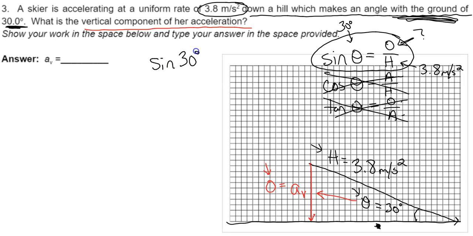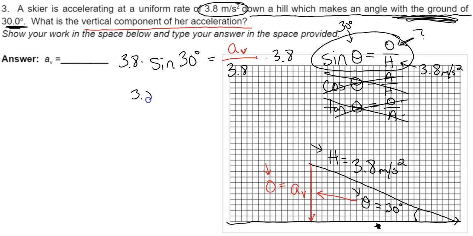Setting that up, sine of 30 degrees is equal to our opposite side, which is what we're looking for, the acceleration in the vertical direction, over our hypotenuse, our known quantity of 3.8 meters per second squared. If we multiply both sides by 3.8, we can rearrange this and get the variable we're looking for, the acceleration in the vertical direction, by itself.